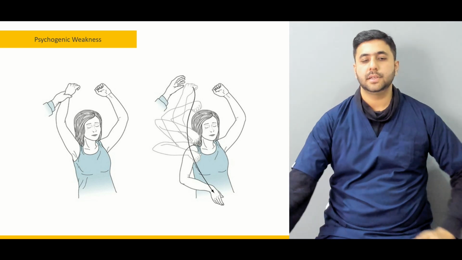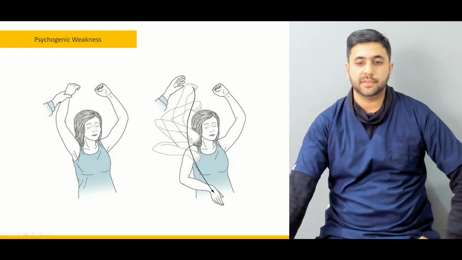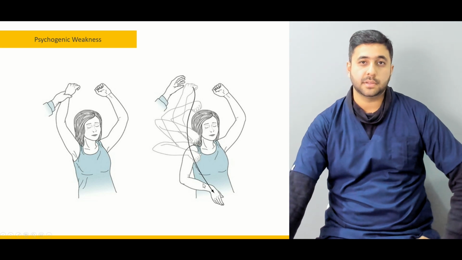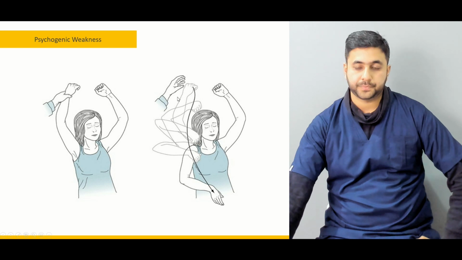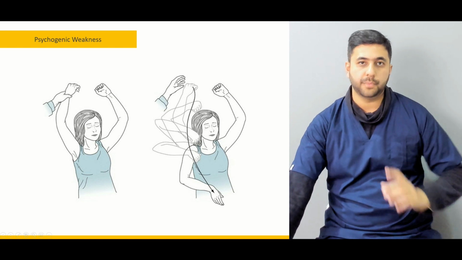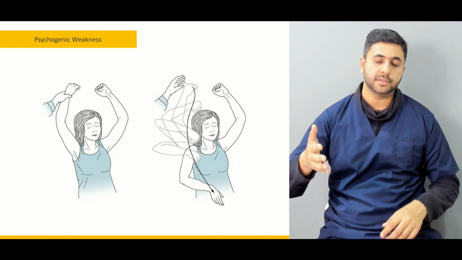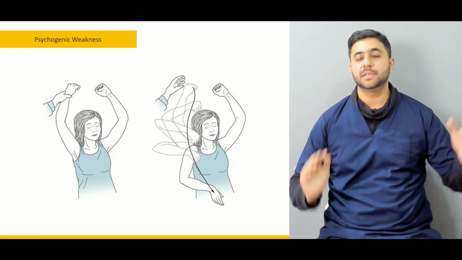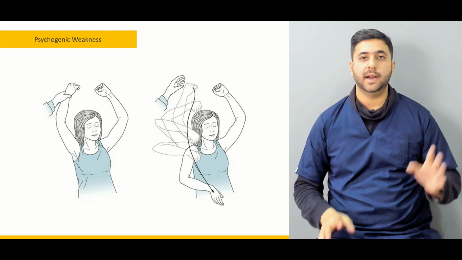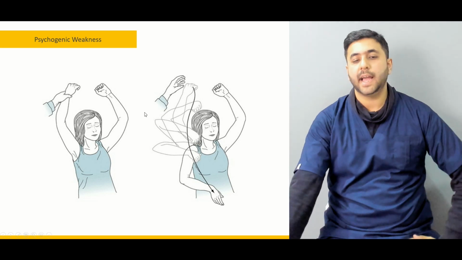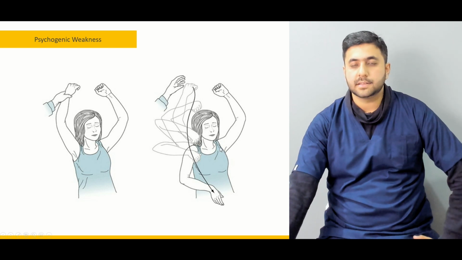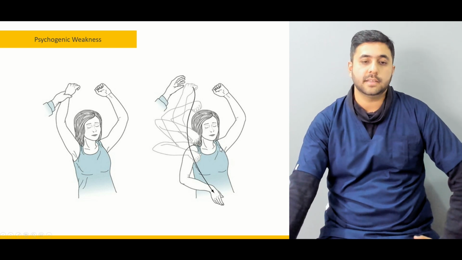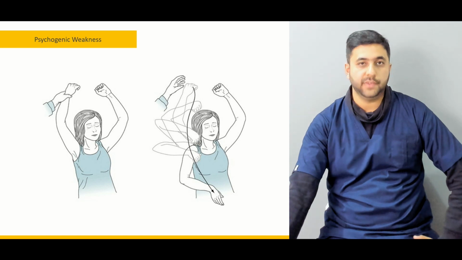Here the diagram shows one sign which signifies that the person might have psychogenic weakness: when one arm is suddenly dropped from a height, in this case in a female, there is movement of the contralateral muscle. This is not very evident or common in all types of psychogenic weakness, but it is a sign which can indicate that this patient might have psychogenic weakness.